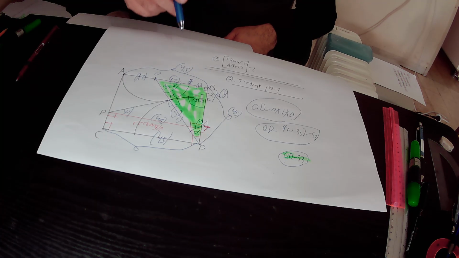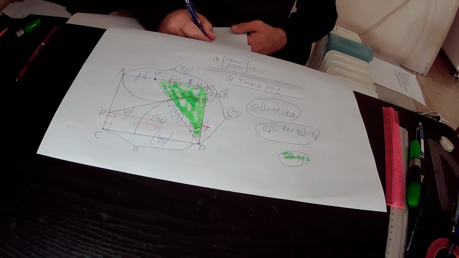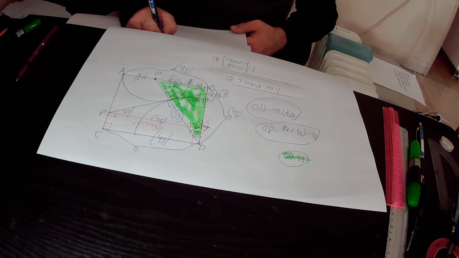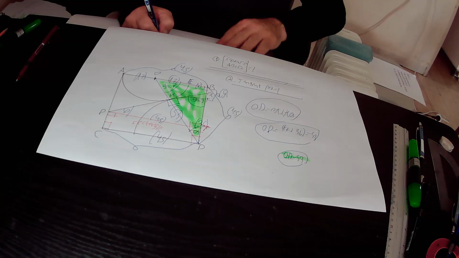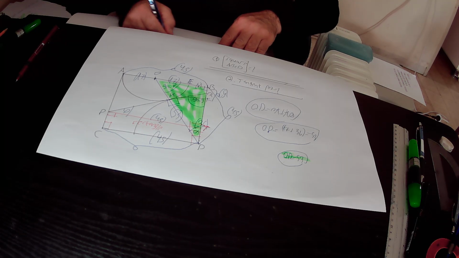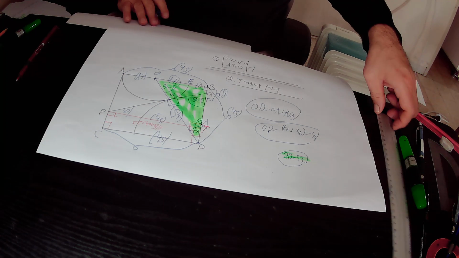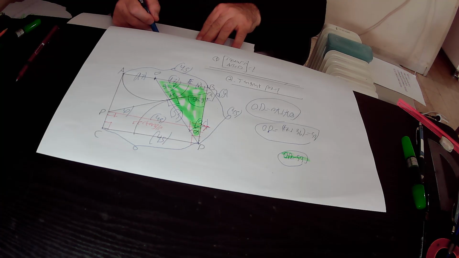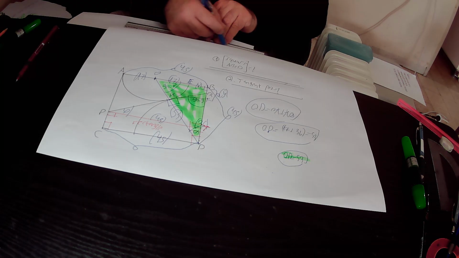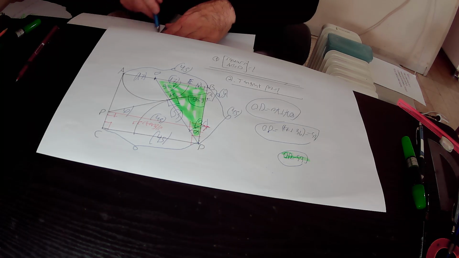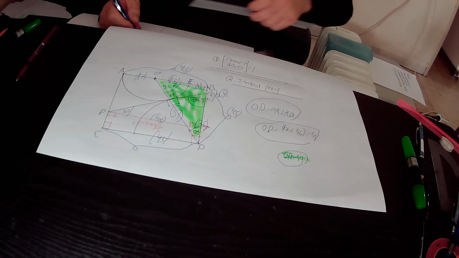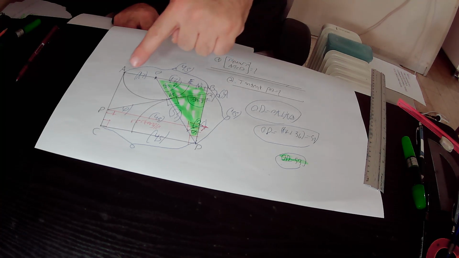So we have to prove that the green right triangle OBD is congruent to this right triangle PQT according to the angle-side-angle rule.